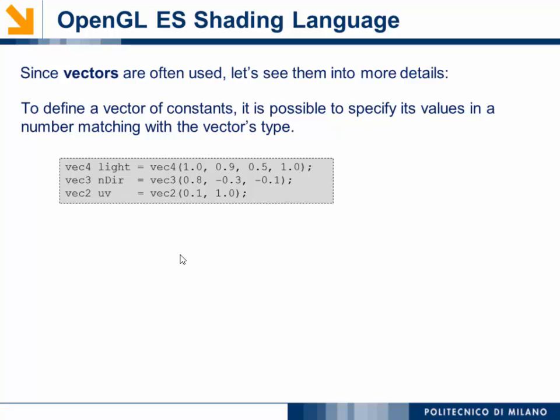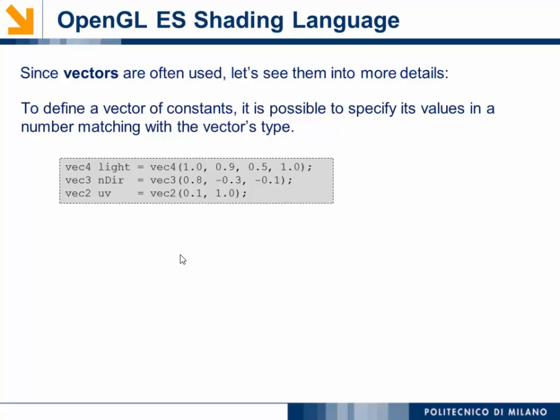Okay, we don't have any new statement, so if we want to declare a vec4, meaning, of course, a vector of 4 values, vec3 is a vector of 3, vec2, etc. A vector of 1 doesn't exist, of course. For vec4, for example, the first one, you see that we have simply specified probably a color for that light, putting inside vec4 the definition of simply four floating values, and that's it.